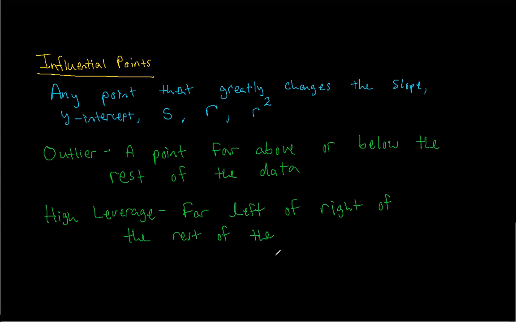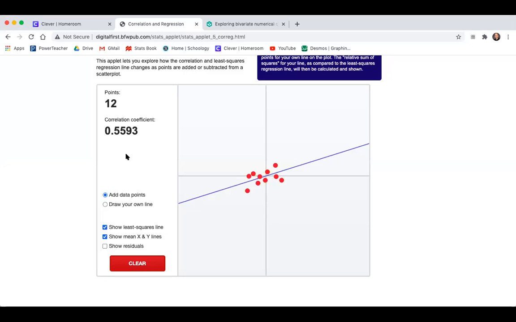Actually, let's just go ahead and look at these on an online application here. I'll get to that page right now. All right, so I've got some points already plotted on this. Looks like we have 12 points altogether with a correlation coefficient of 0.5593.